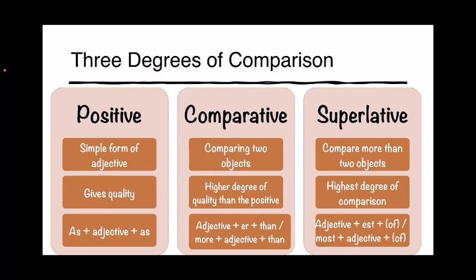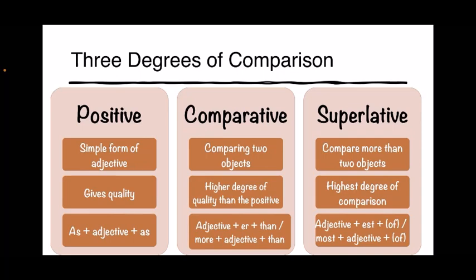Now to write comparative degree, there are two ways. We can either add er to the adjective followed by than, or we can use the word more plus the adjective plus than. These are two different ways of writing comparative degree. Next is superlative degree.